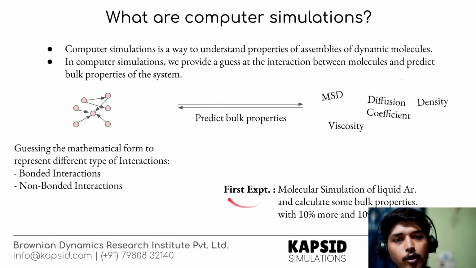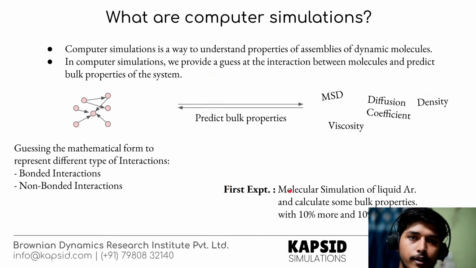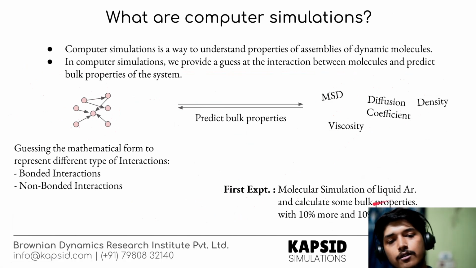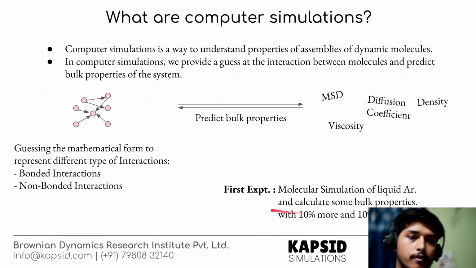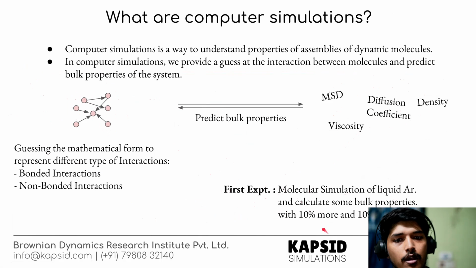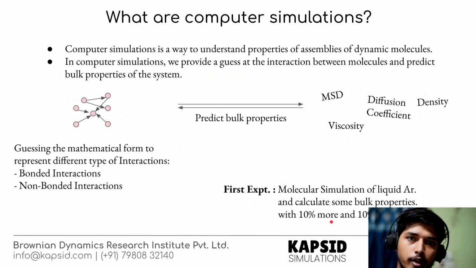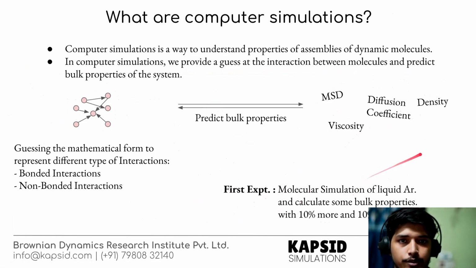I have planned a small experiment for you. Maybe in later videos I'll provide more information on how to do that. This will be our first experiment: we will start with a simulation of, let's say, 10,000 or 20,000 argon molecules, and we will increase the Lennard-Jones potential by 10%, and in the other system we will decrease the Lennard-Jones potential by 10%, and we will see how these bulk properties change.